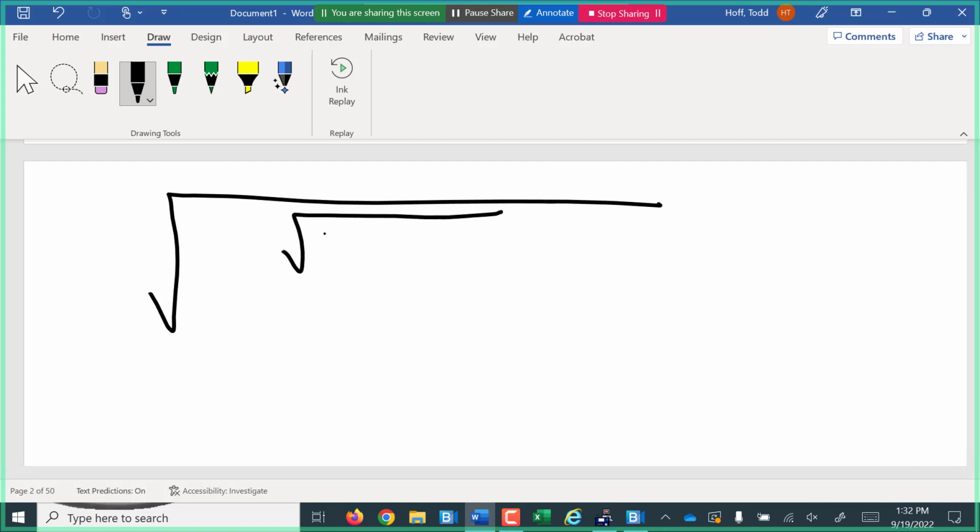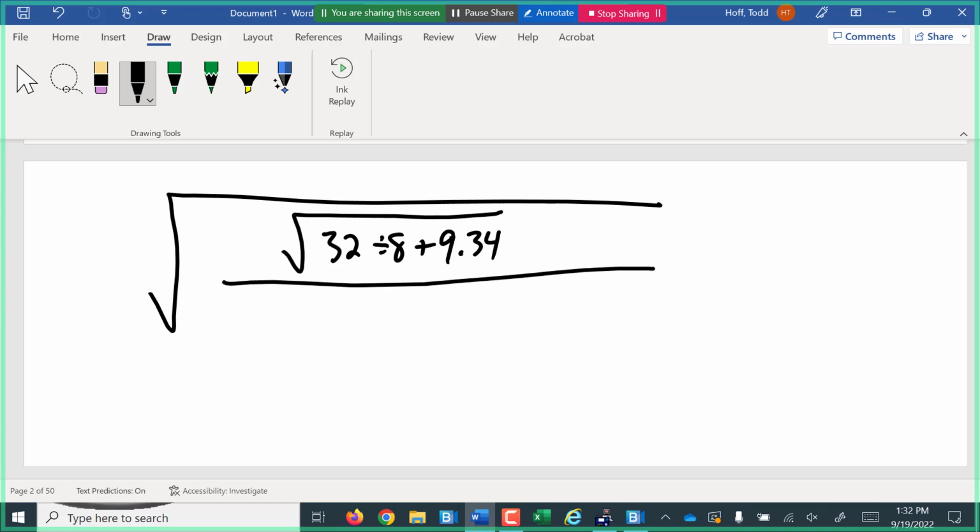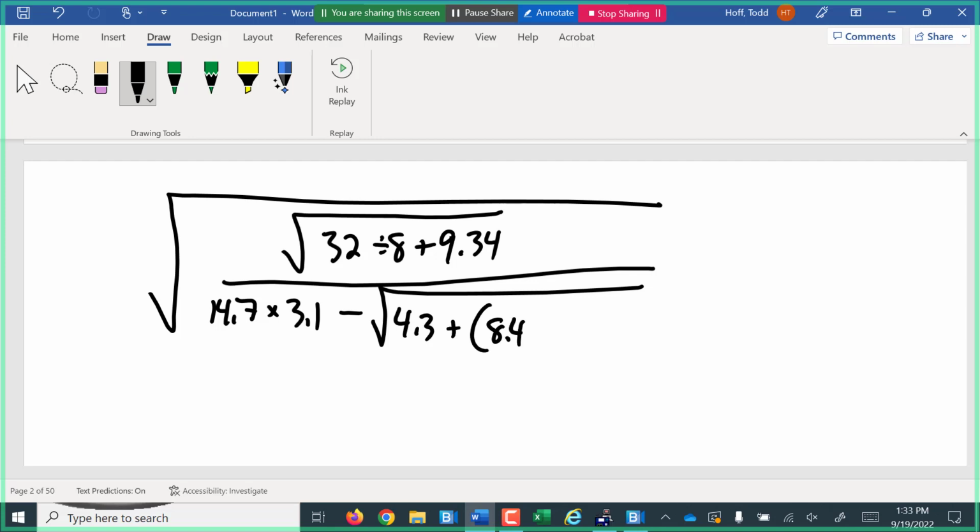And just like we can have parentheses inside of parentheses, we can do radicals inside of radicals. There, this one's just a little bit more difficult.